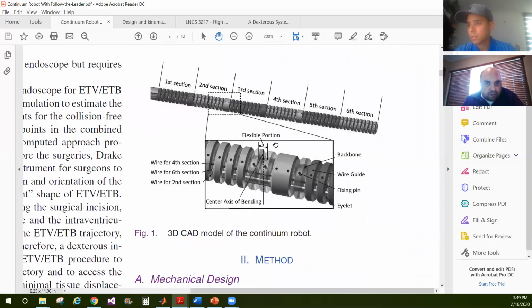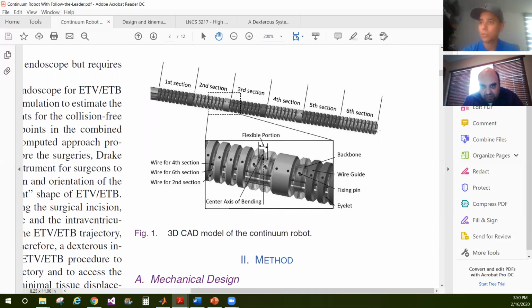Now the wire for the sixth section, the only thing that's confusing me is what's the difference between the wire for the sixth section and the backbone, because the wire for the sixth section seems to go through the whole thing. Yeah, I think the backbone is exactly what it says.